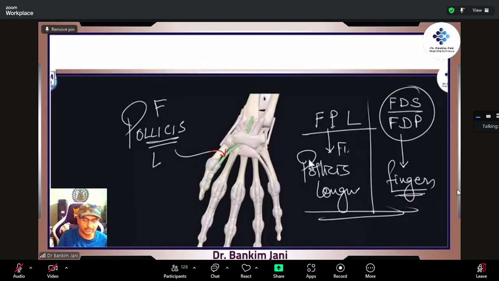There is a sheath for that also. There is a sheath for flexor pollicis longus, and for flexor digitorum superficialis and profundus, but there is a separate entry for the fibers which will be going for the little finger. Clear?